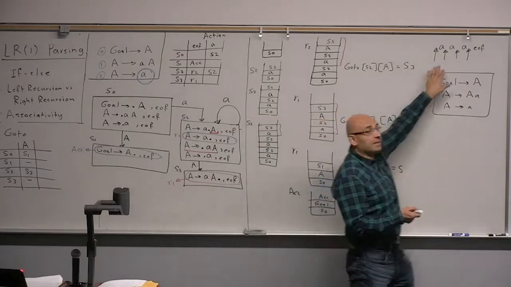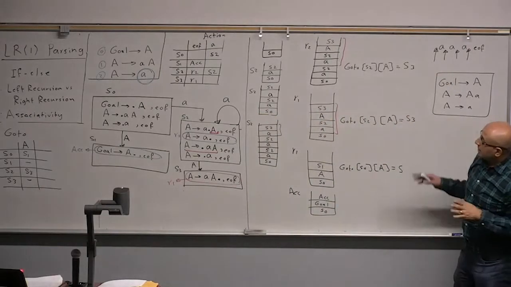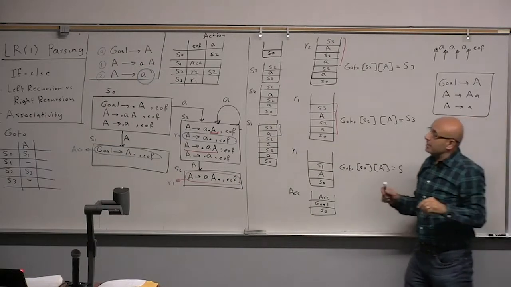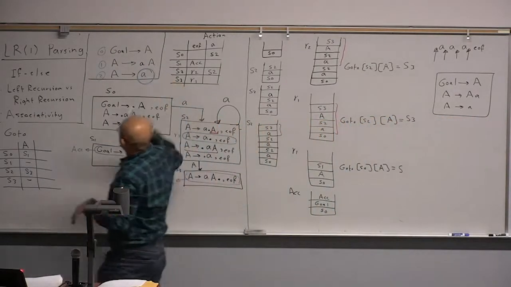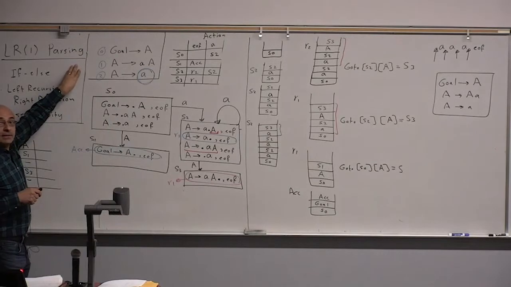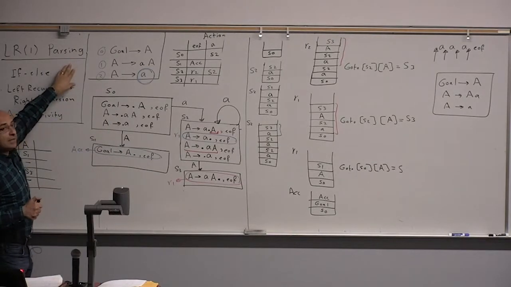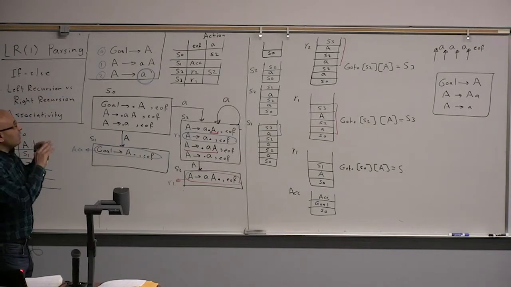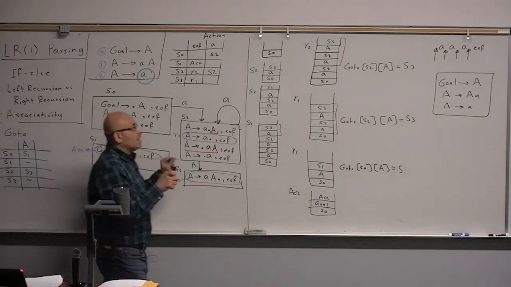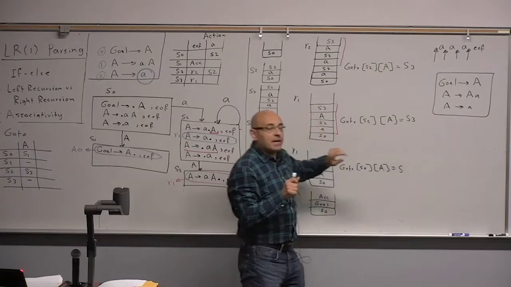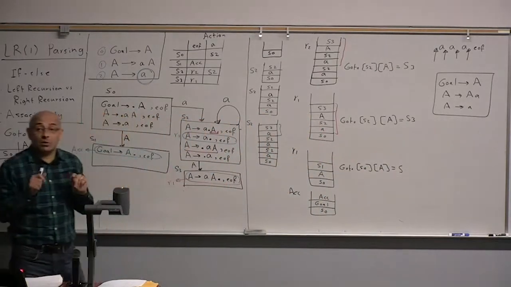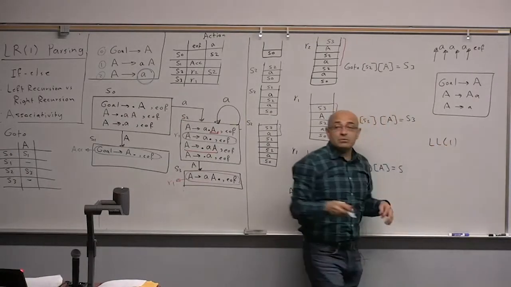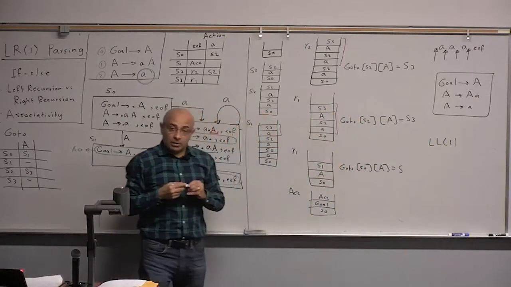The point here is that when you apply LR1 parsing to a right recursive grammar like this, you have a problem, just as LL1 has its problems with left recursive grammars. In fact, LL1 parsing cannot do left recursive grammars at all.